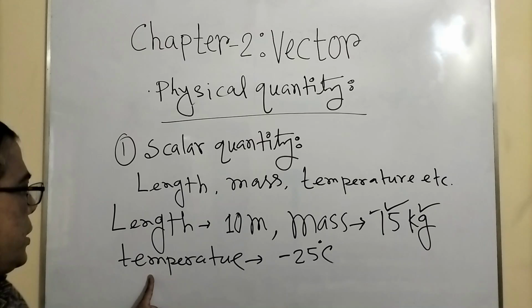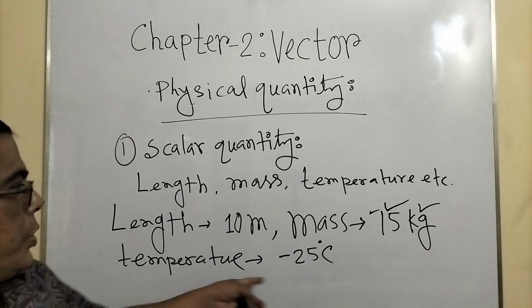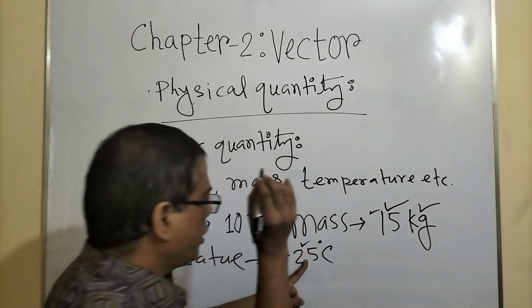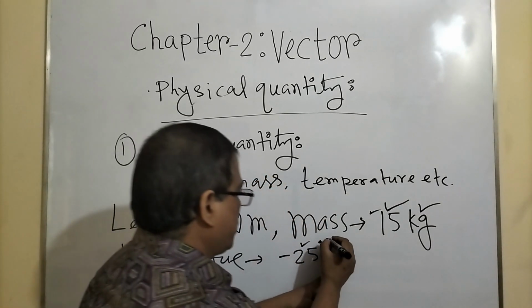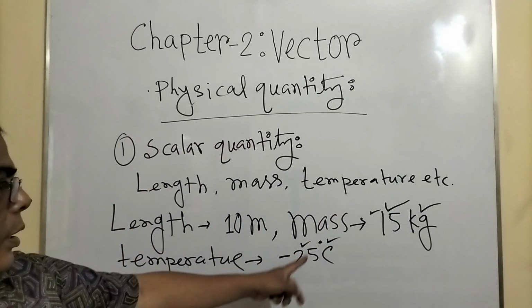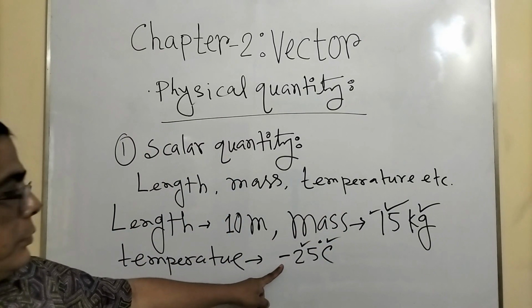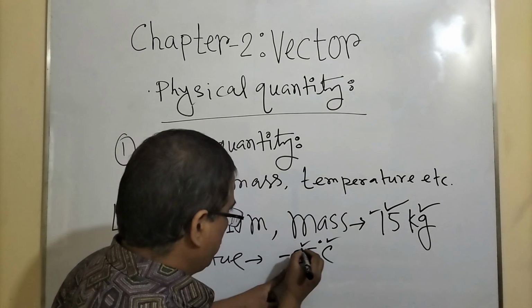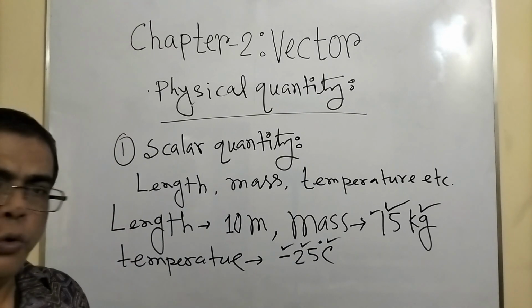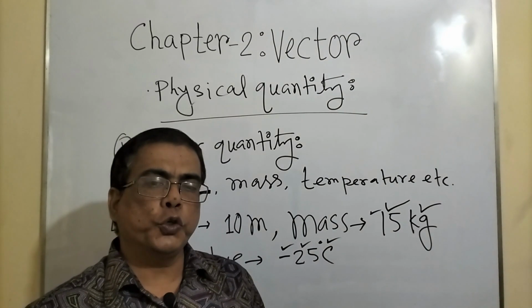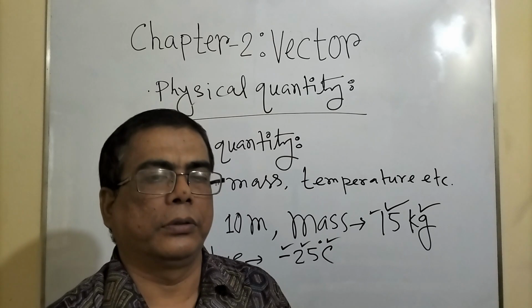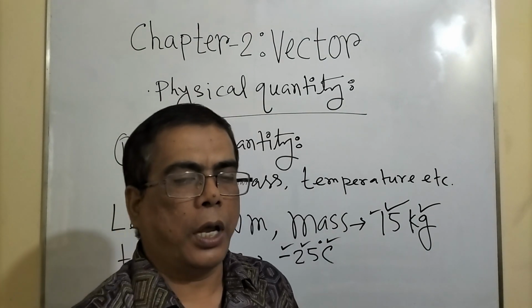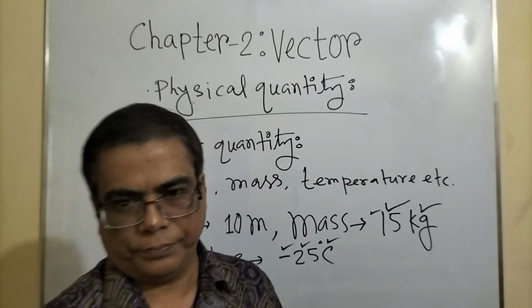Here, to represent the temperature, it requires a number 25 and a unit degree Celsius and a mathematical sign minus, that is in the left of number 25. So we see, to represent a scalar quantity, it just needs a single number, one unit, and a mathematical sign.